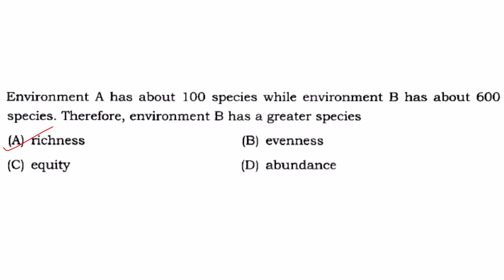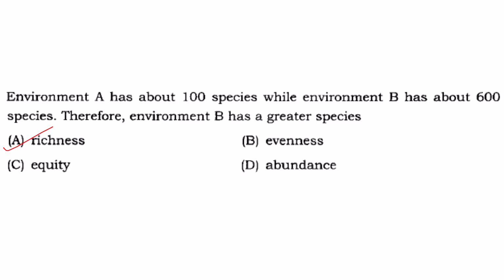Now what is abundance? Abundance means total number of individual organisms in that area. Now if you have a forest with 100 trees, you will say that you have got 10 rubber trees, 20 will be apple trees, and 70 will be your pine trees.